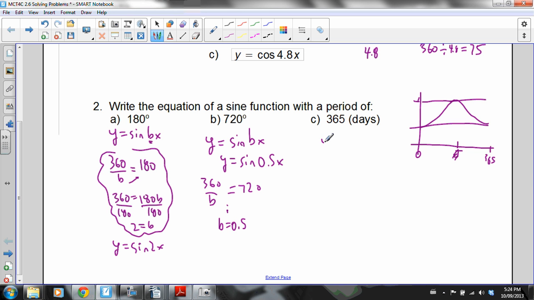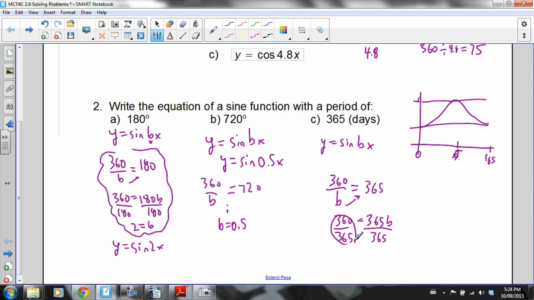Well, let's start out the same. It's actually the same calculation, isn't it? Whatever my period is, 360 divided by whatever goes in the equation. If I want that to be 365 now, cross multiply and divide. Divide by 365.